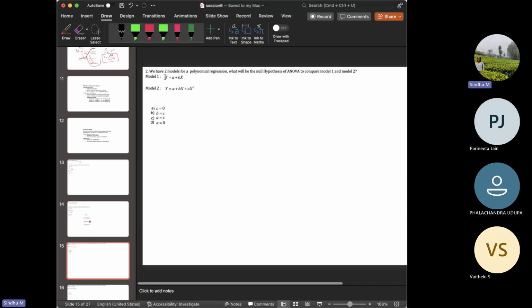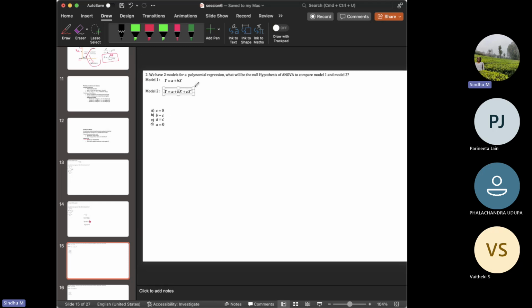So they have given two models. The first one is y equal to a plus bx, and the second model is y equal to a plus bx plus cx square. So basically, it is having an extra x square term, and the x square term is multiplied by this constant c. And we have to compare both the models.